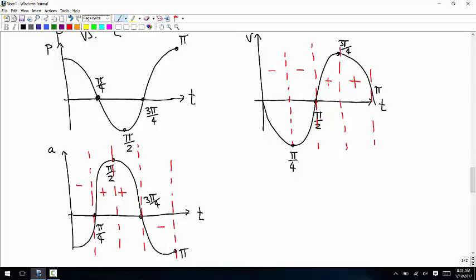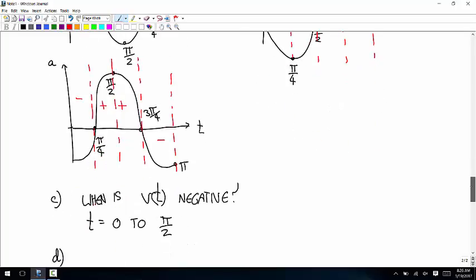So on the first interval, they're both negative, so it's speeding up. In the second interval, there's a negative and a positive, so it's slowing down. Third interval, positive, positive, so it's speeding up. Fourth interval, negative, positive, so it's slowing down.